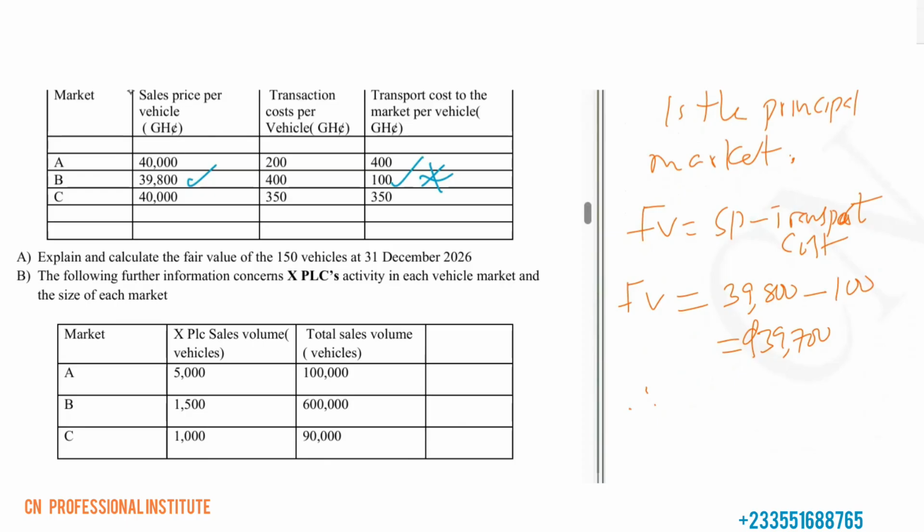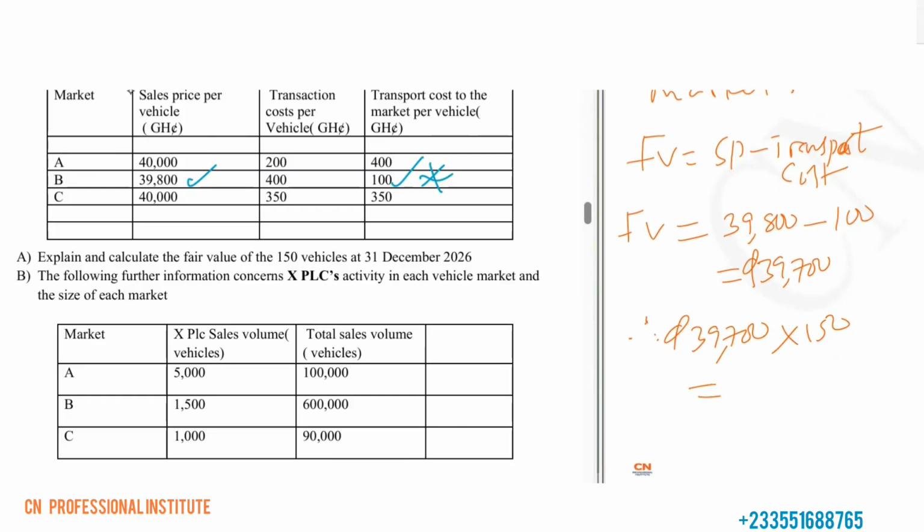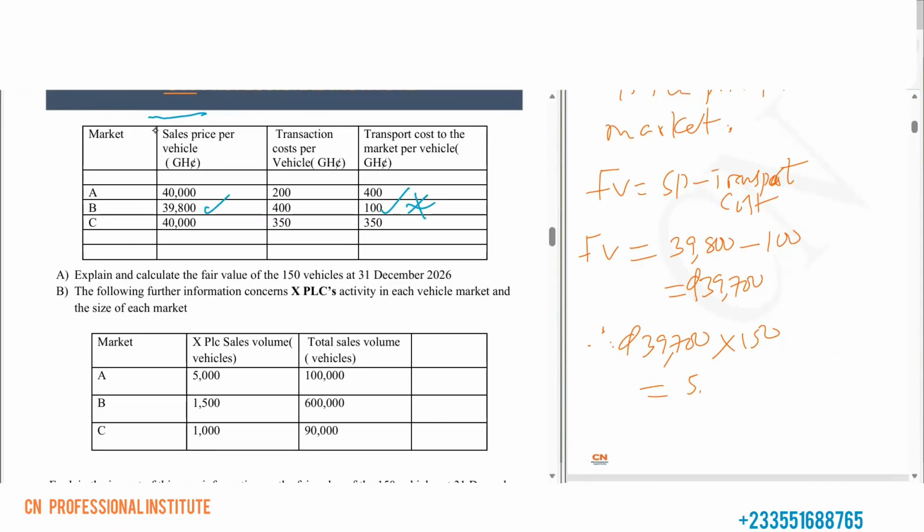Therefore, fair value of the 150 vehicles will be 39,700 Ghana cedis times the 150 vehicles, and multiplying that gives me 5,955,000 Ghana cedis.